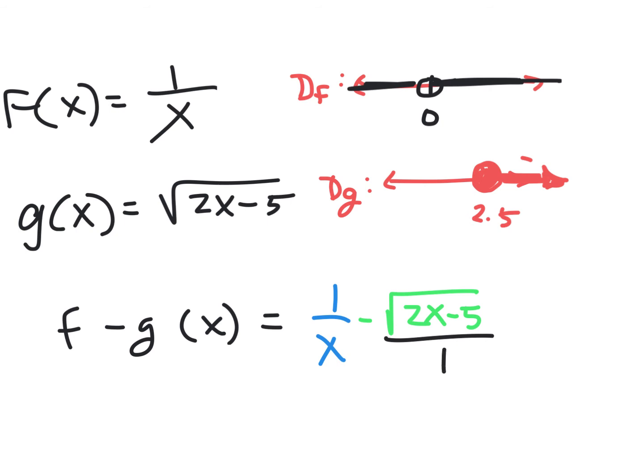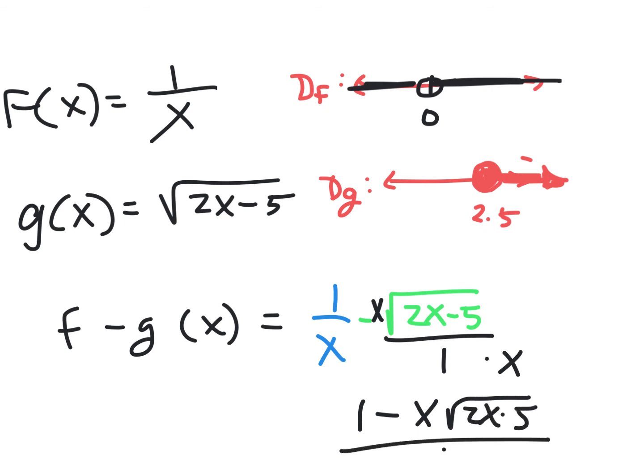Would you agree I can put it over 1, and I haven't really changed it, but now at least I can see its denominator? Then would you agree I can times it by x on the top and the bottom? And now they have a common denominator. So then you can put it together and say 1 minus x root 2x minus 5 all over x.